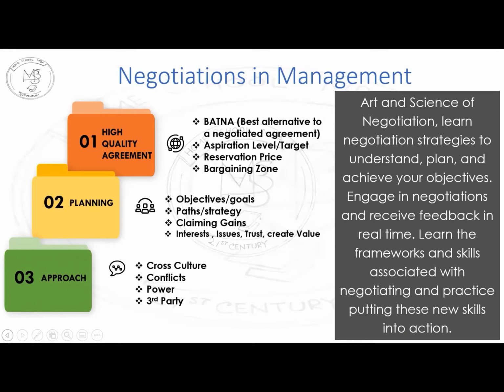In this case, both the parties win and both the parties are very happy. The other is win-lose strategy. In this, one party wins and the other party loses. And then the third type of strategy is lose-lose strategy, where both the parties lose. So these are three basic strategies in negotiations.